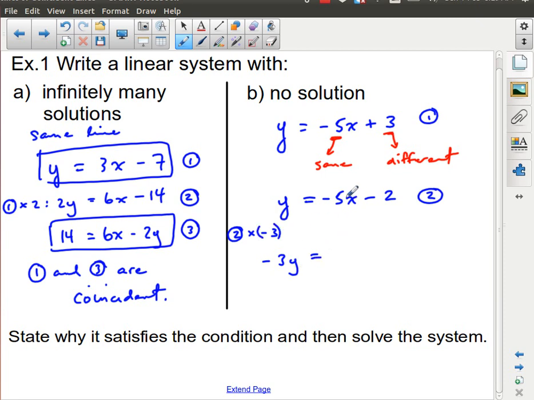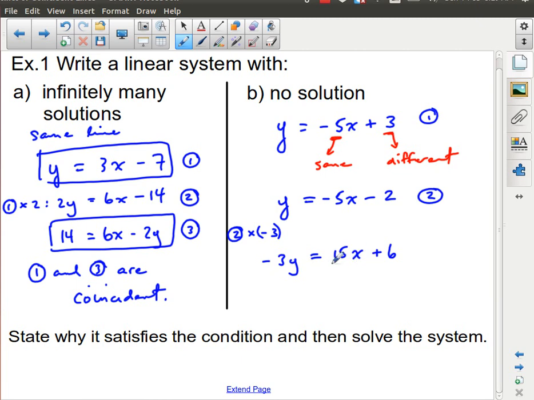Negative 3 multiplied by negative 5 becomes positive 15x. Negative 3 times negative 2 becomes positive 6. So even though you're doing this work and making things a little bit harder to see, you still have to show where this is coming from. So I would always want to see this first step, and then if you want to make it a little trickier, you go ahead and do that.